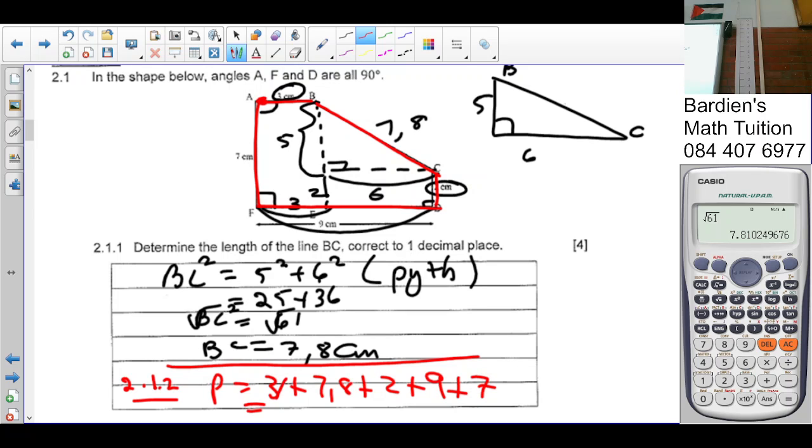That gives you 10, 11, 12, 21, 28.8. Is that correct? 28.8 centimeters. Okay.